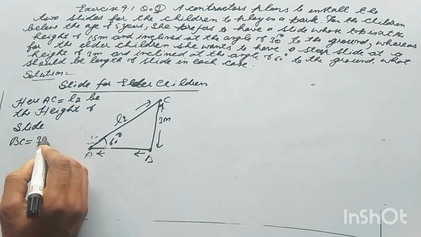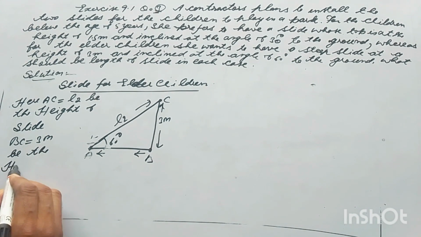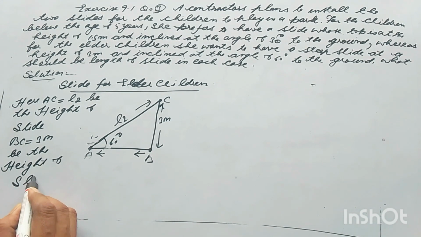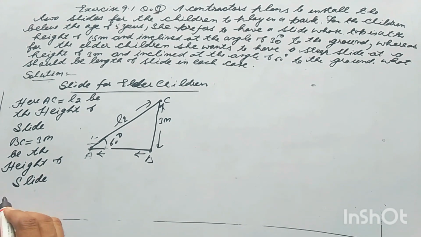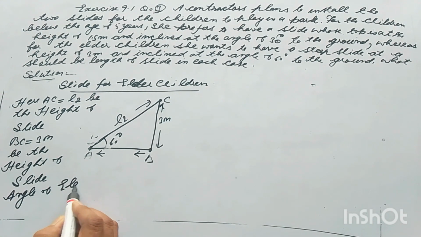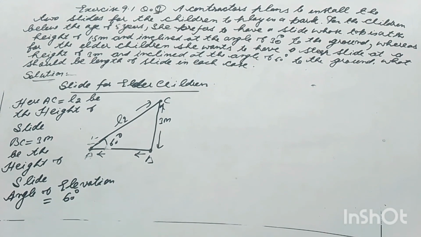BC equal to 3 meter, with the height of slide. Angle of elevation is equal to 60 degree.